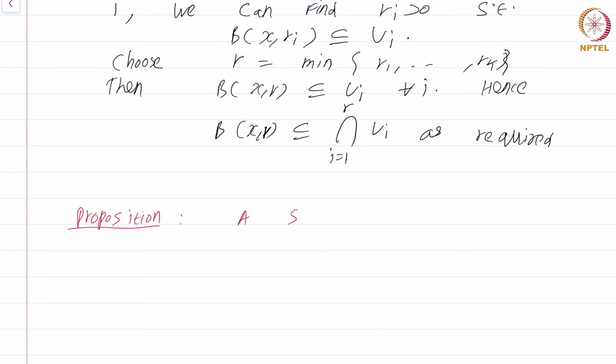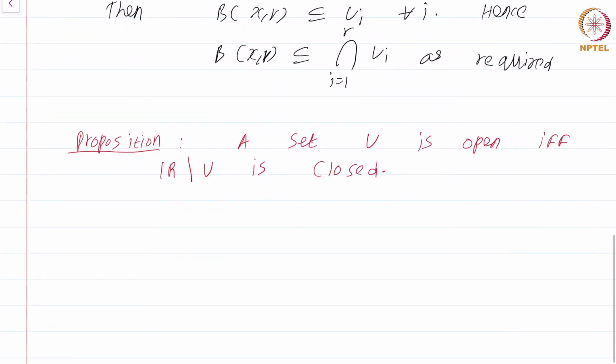A set U is open if and only if R minus U is closed. So I remarked earlier that a closed set is sort of the dual of an open set and vice versa. That is captured precisely by this proposition, which says a set U is open if and only if its complement is closed. Okay, how do you prove this proposition?